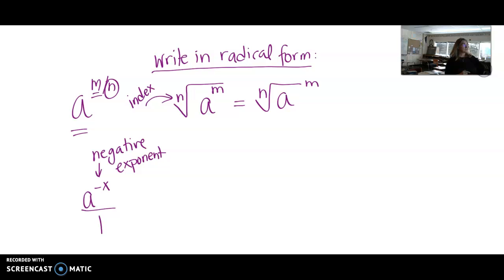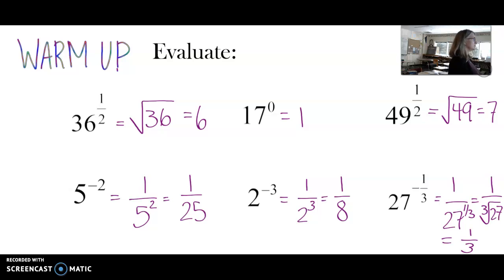To convert it so that it has a positive exponent, we're going to drop it into the denominator, and then it changes the sign of the exponent. So if it was negative, it becomes positive. If it was positive, it would become negative when you move it across that fraction bar. So these expressions here, the 36 to the 1/2 power is the same thing as 36 with the index of 2.